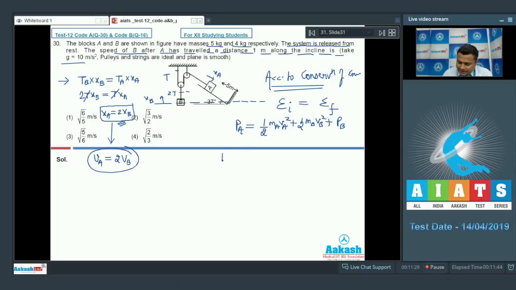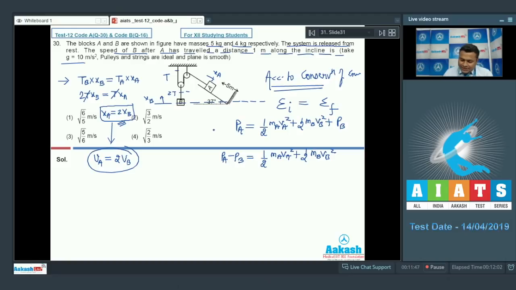Now therefore we will get the value of Pa minus Pb as half ma Va square plus half mb Vb square.